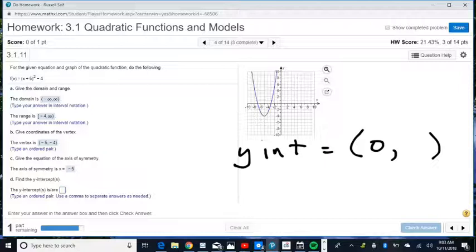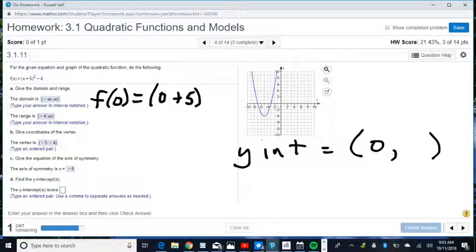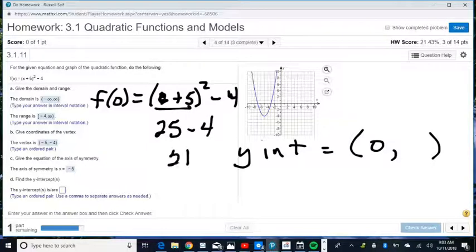So all we have to do is plug 0 into our function and simply find f of 0. Now again, usually you can just read it from the graph, but this time I can't see it. So it's going to be f of 0 equals (0 plus 5) squared, minus 4. 0 plus 5 is just 5, and 5 squared is 25, minus 4 gives us 21.